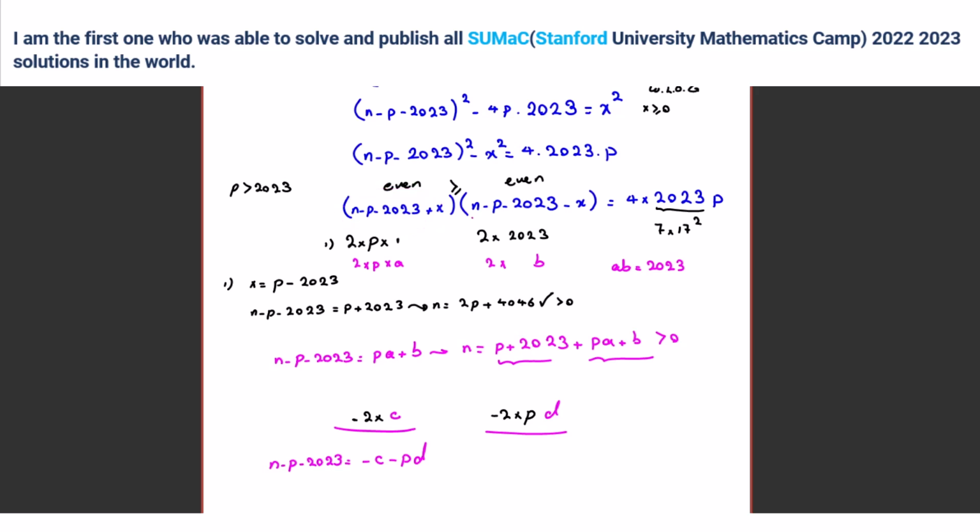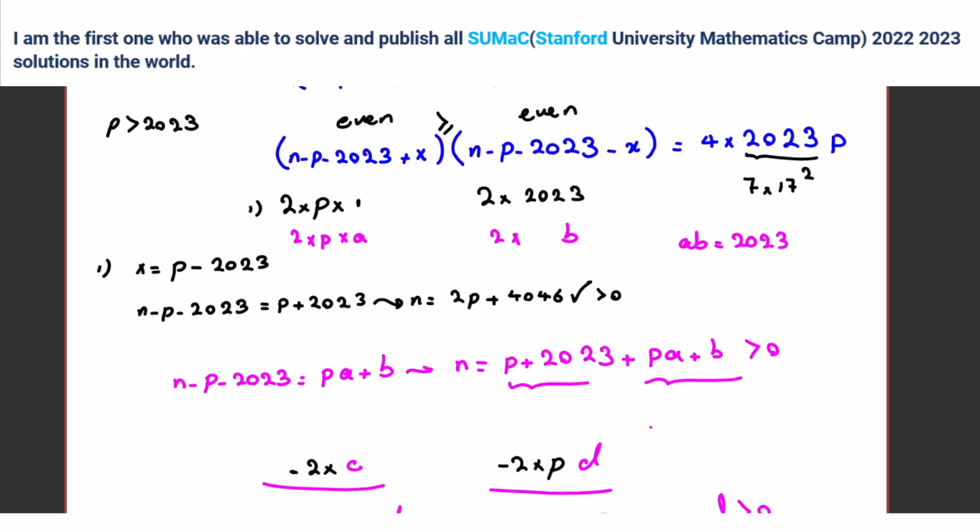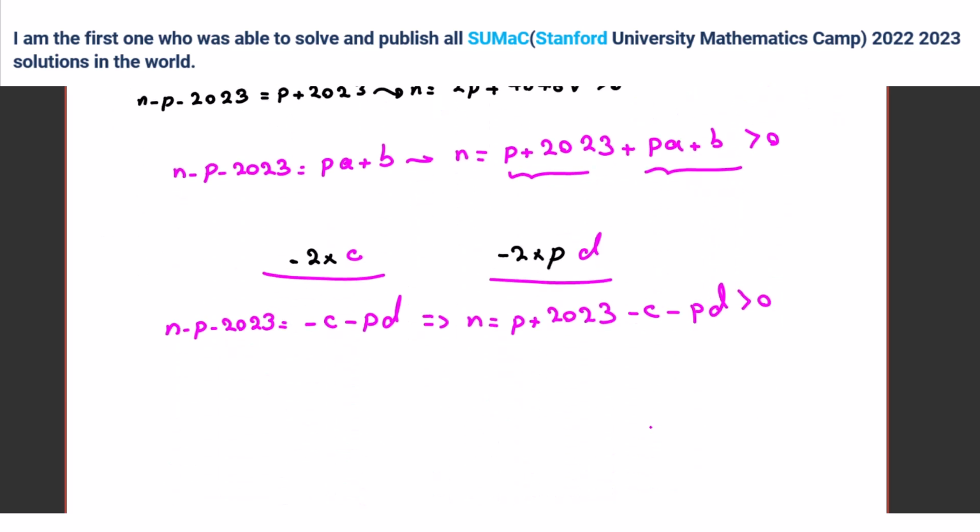Understood? Yeah. Okay, then n would be p plus 2023 minus c minus pd. This one should be positive, right? Yeah. So is it positive or not? We know cd is what? 2023, right? Yeah. So is it positive or not?